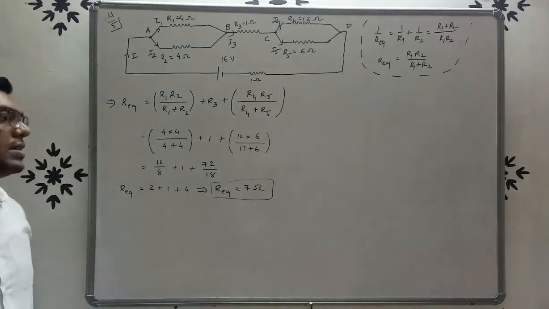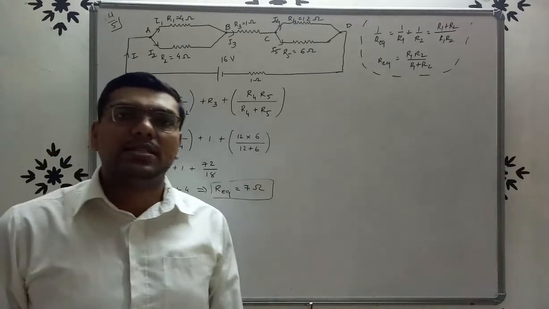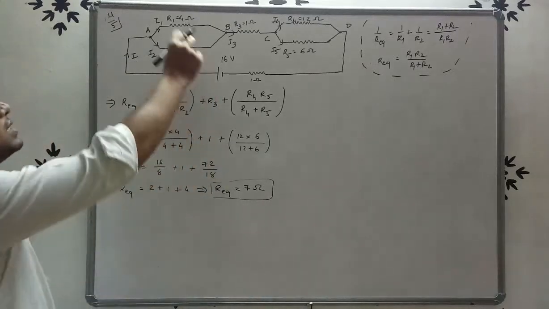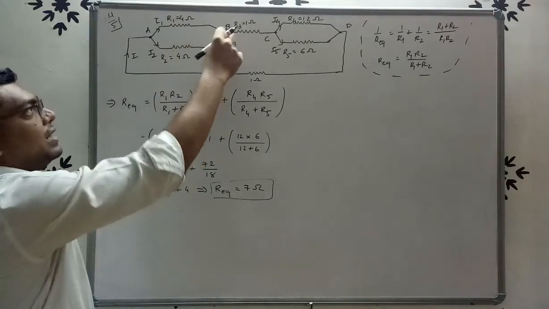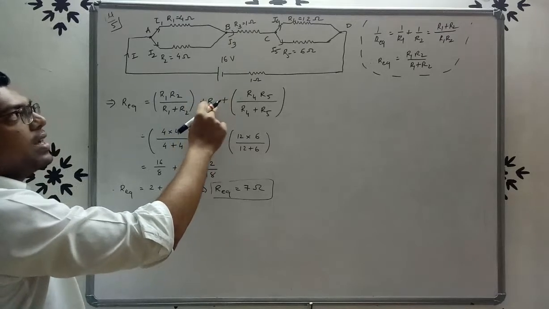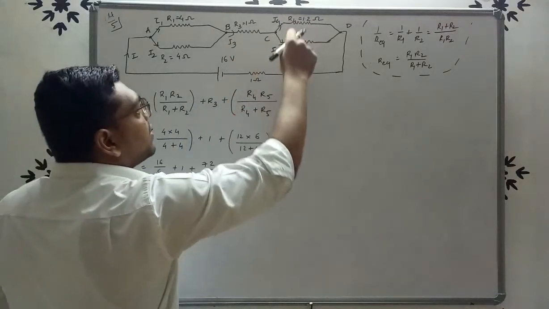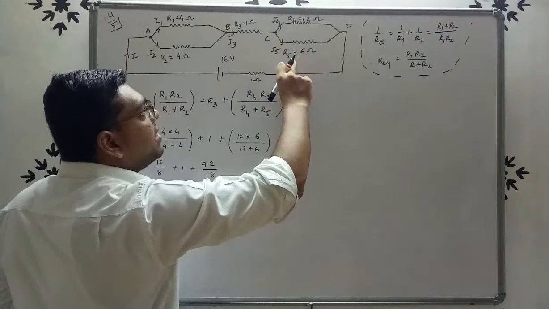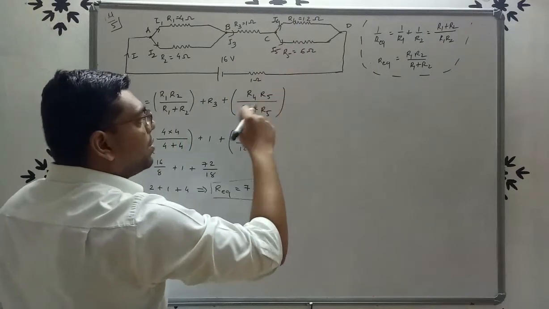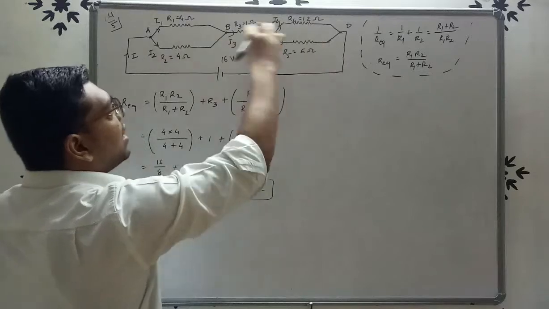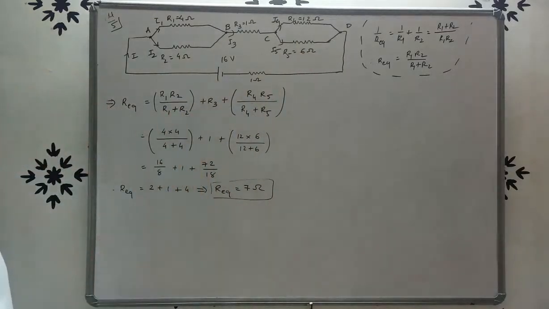So this is the equivalent resistance. Again, R1 and R2 are in parallel, so R1 R2 upon R1 plus R2, R3 is in series, so plus R3, plus R4 and R5 are in parallel, so R4 into R5 upon R4 plus R5, and these are all in series, so plus.